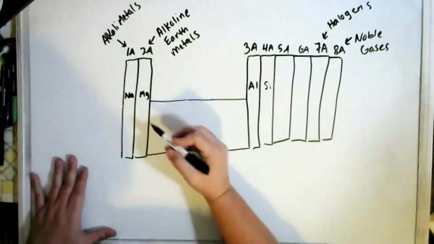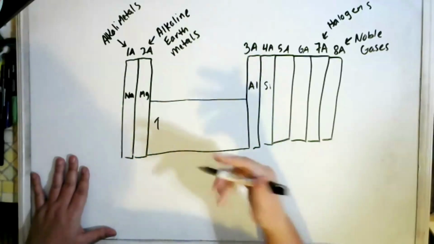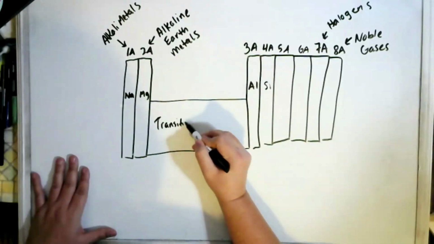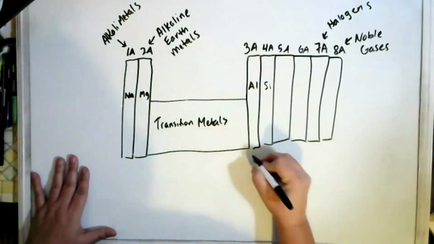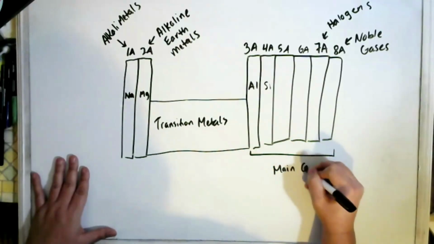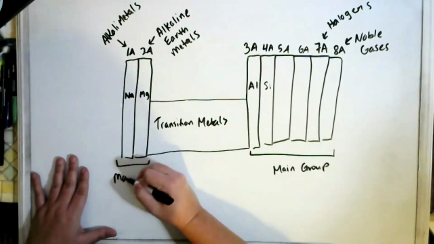Things get a little bit less regular in our transition group, all right? So all of these are main group. And then all of these are main group.